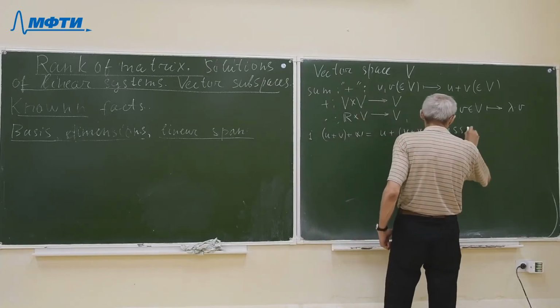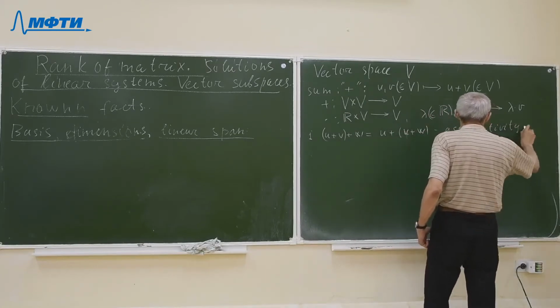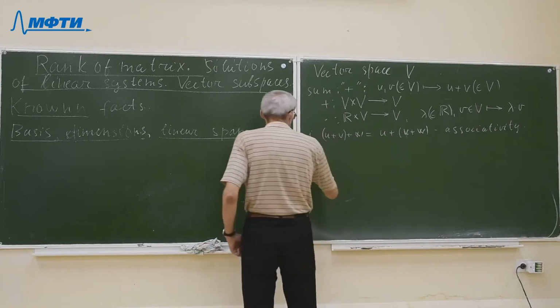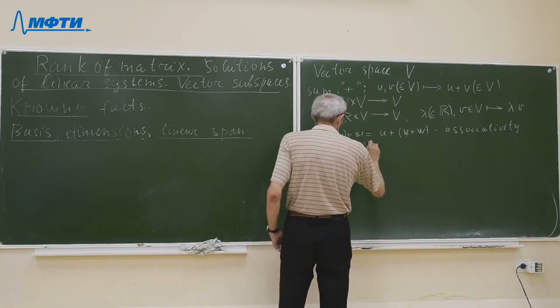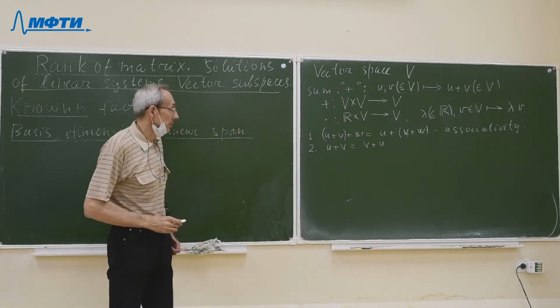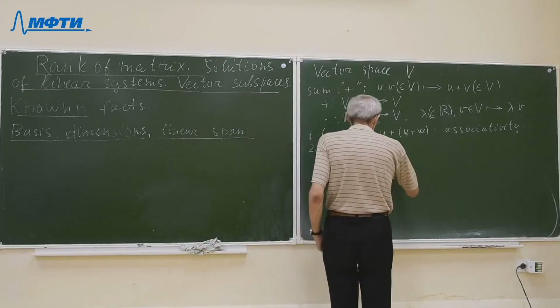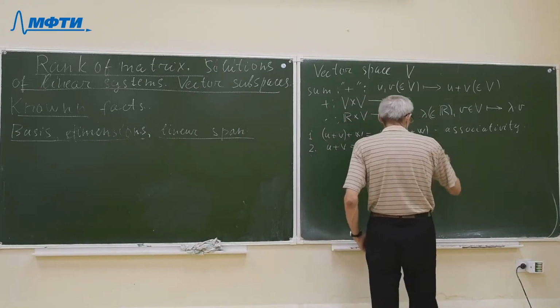Associativity. The second axiom, the axiom of commutativity: u plus v is equal to v plus u, for all u, v from vector space V.